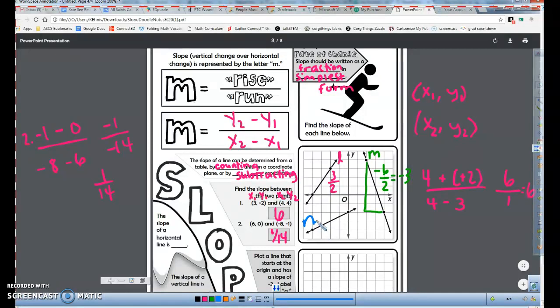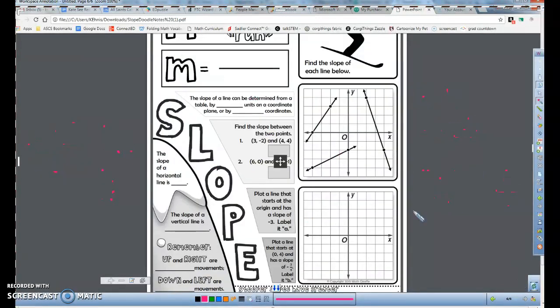You go up 2 from here, and over 4. 2 over 4 is 1/2. Okay? So let's go ahead and plot some points here. So I'm plotting a line that starts at the origin.